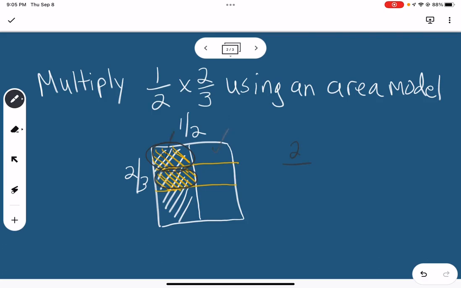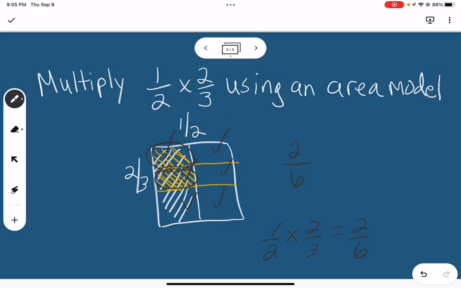There is 1, 2, 3, 4, 5, 6 of them. So, if we were to complete the expression, we can say that a half times 2/3 is 2/6.